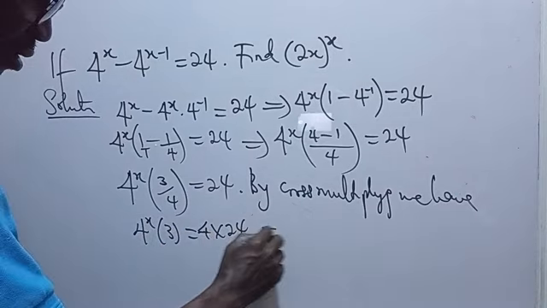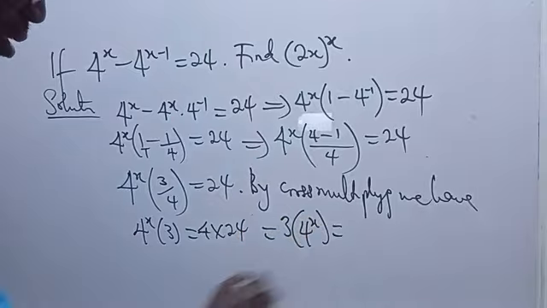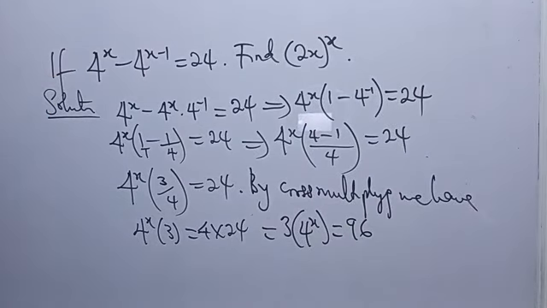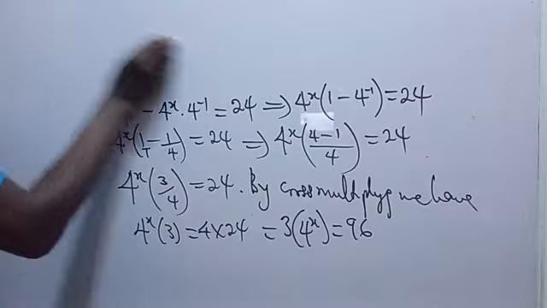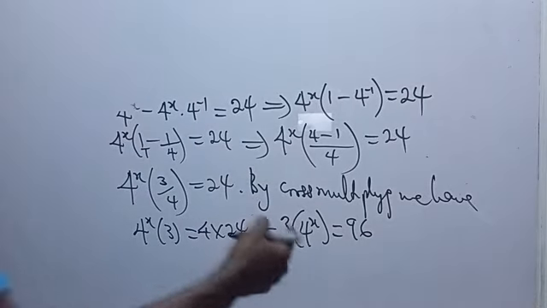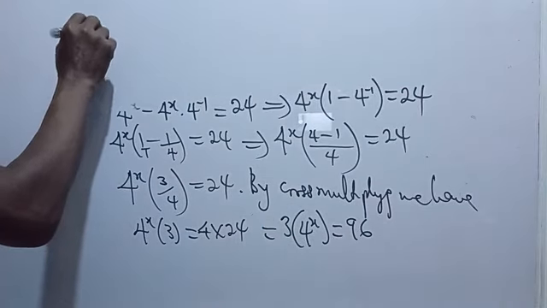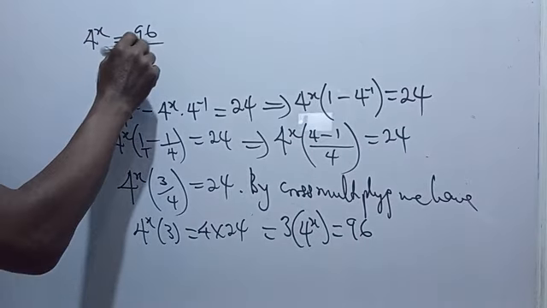That will be 3 into 4 raised to power x is equal to 96. To get 4 raised to power x out, we divide both sides by 3. So 4 raised to power x will now be equal to 96 all over 3.